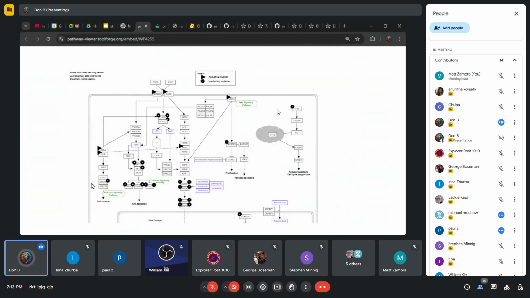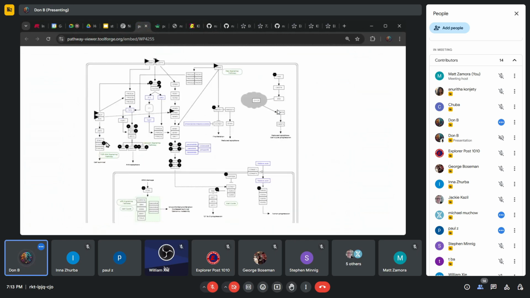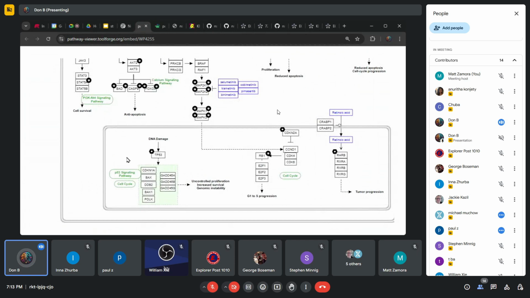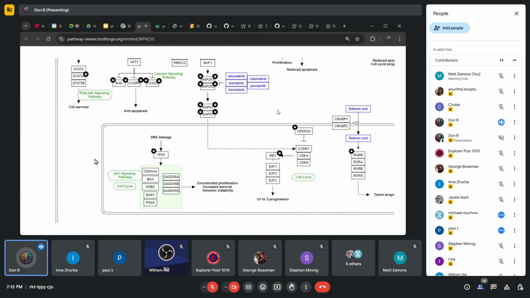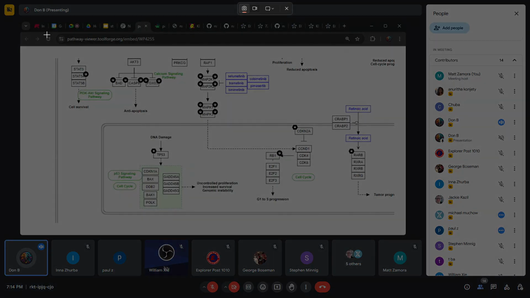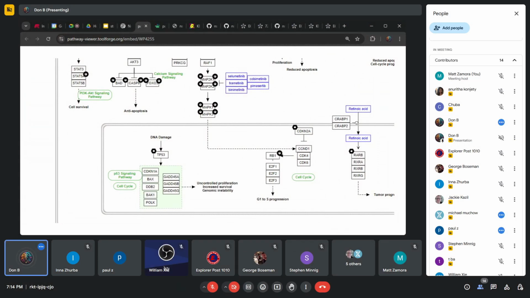I looked at it from the perspective of what are the items downstream in particular, since the key focus is that P53 is impacted. How can we help the progression downstream? So that was the focus of that query.